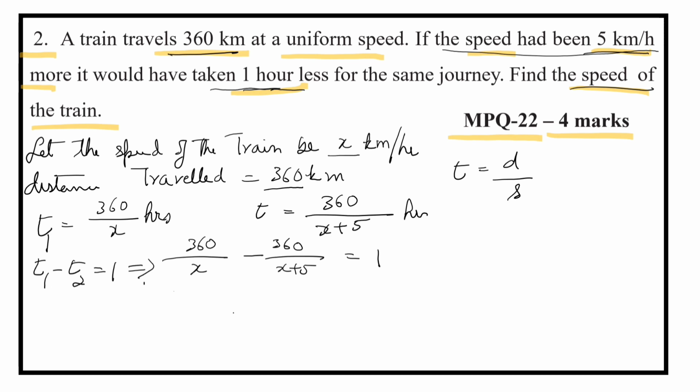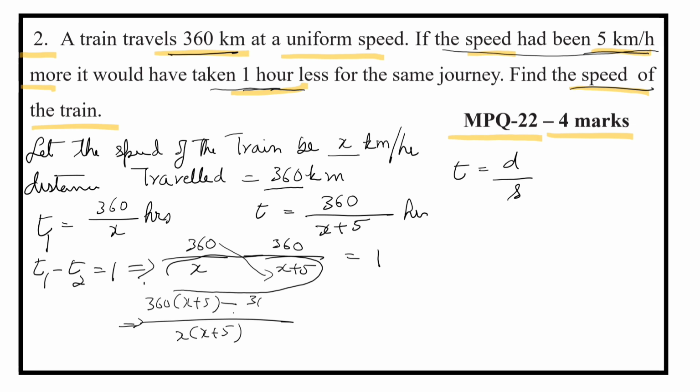The next step, LCM. What is LCM? x into x plus 5, here cross multiply, 360 into x plus 5 minus 360x is equal to 1.